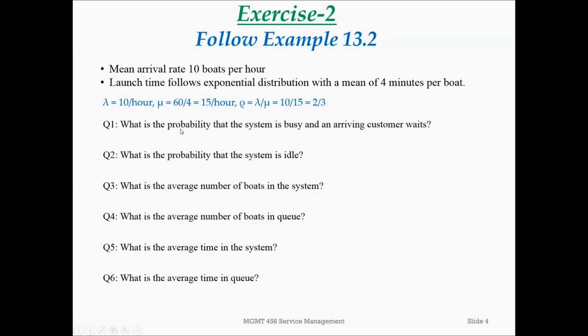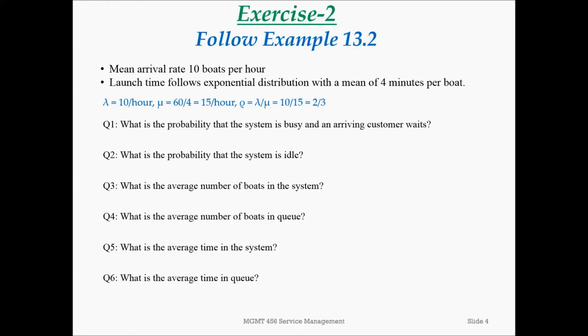The first question: what is the probability that the system is busy and an arriving customer waits? First of all, it's a probability question, the first type of question. What is the probability that the system is busy? What does it mean? System is busy means there is at least one customer in the system.